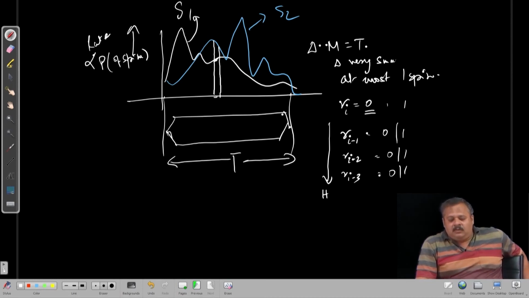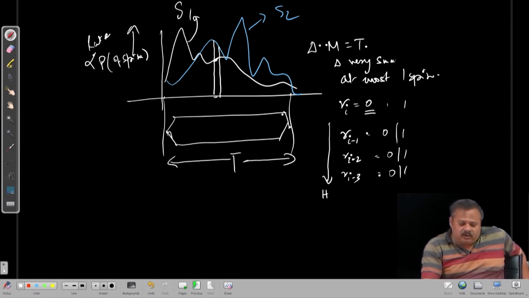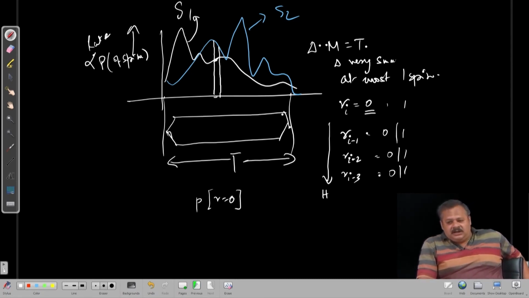So, now the probabilities that we had in the ith bin, the probability that our response is equal to 0, now has to be replaced by a conditional distribution, that is, the probability that the response is equal to 0 given r_{i-1}, r_{i-2}, r_{i-3} is equal to all zeros, or 0 1 0, all the combinations that are possible, and that will be used in the calculation of KL distance.